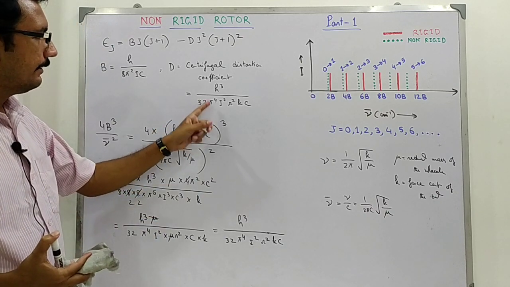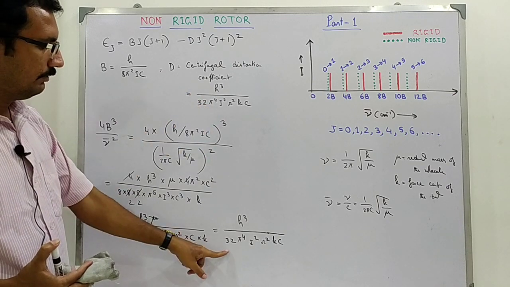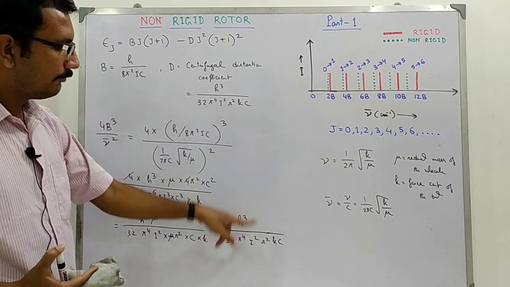Check this. What is the expression of D? It is h cube upon 32 pi to the power 4 I square r square k c.